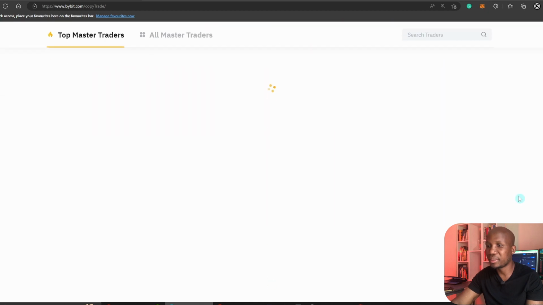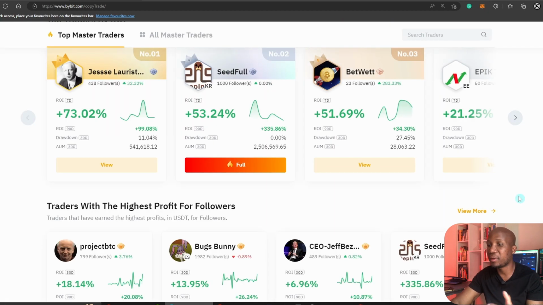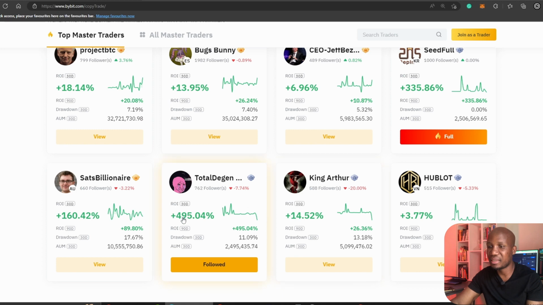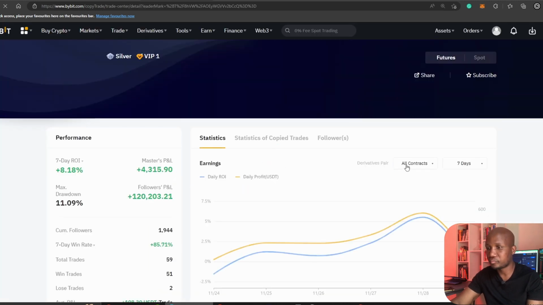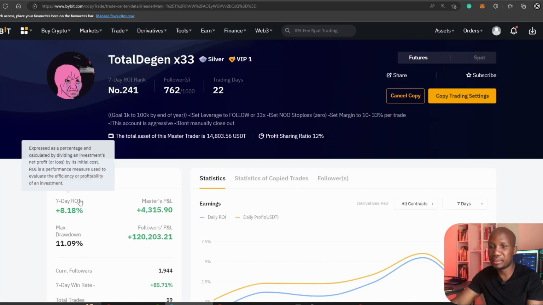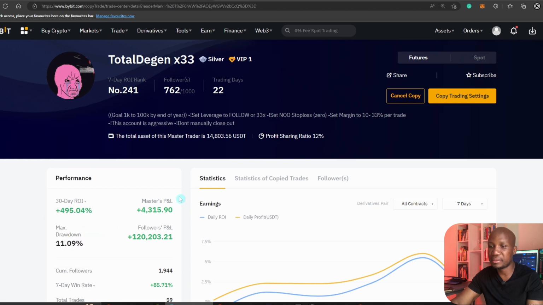When you come to copy trading, this specific trader here has a very high percentage. You can see here about 400% ROI. So when you look into this, you're like, wow, this trader is really good. I'm going to go and follow them, only to find out that, let's just click on it and let's click maybe the past 30 days. You can see in the past 30 days the ROI is almost 500%.